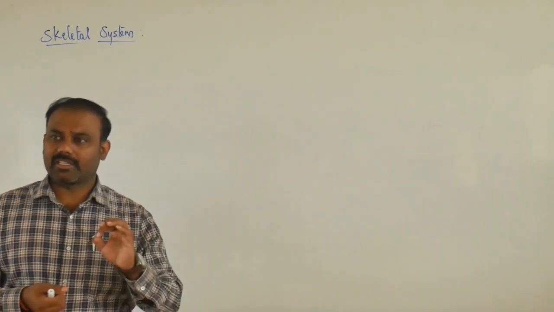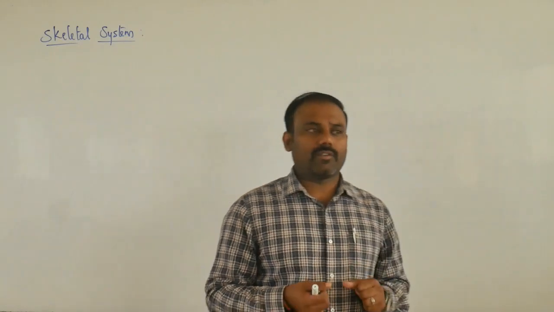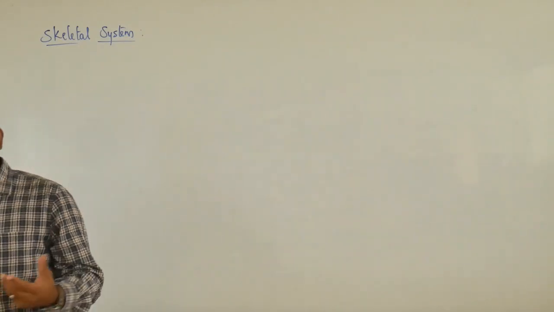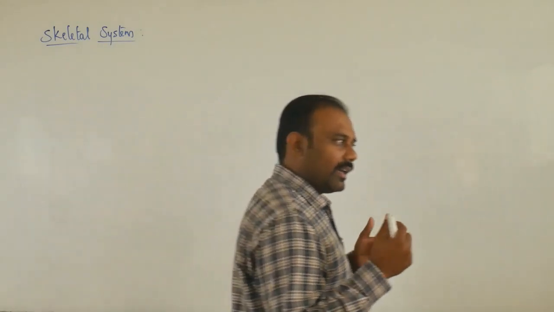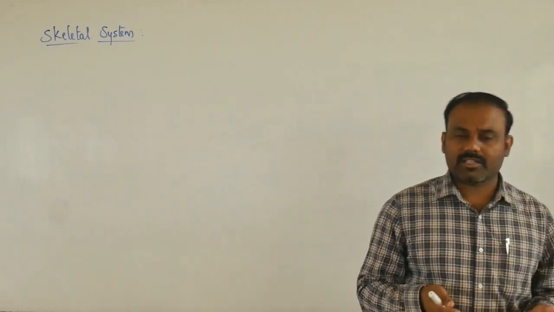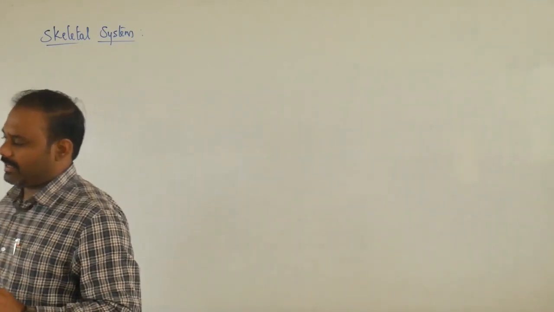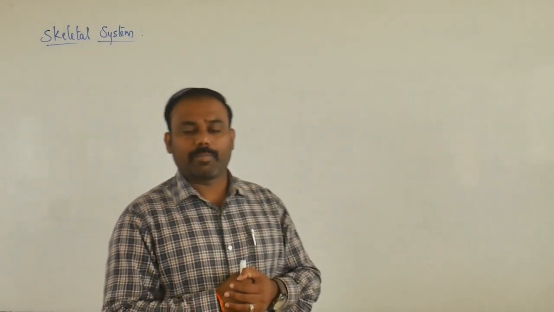In some of the muscles a very small amount of oxygen is present, and those kinds of muscles are simply referred to as white muscles. In our body we have both red muscles as well as white muscles. That is what we discussed in the previous class.